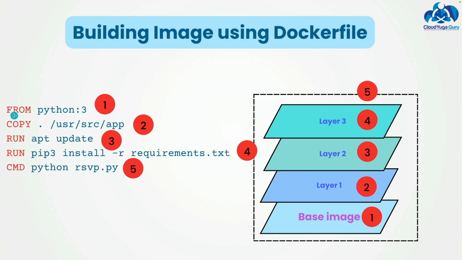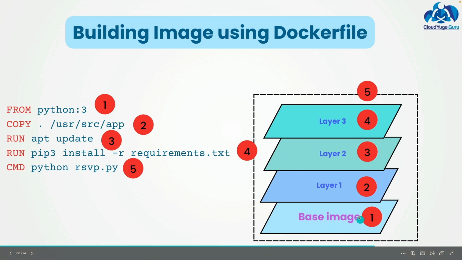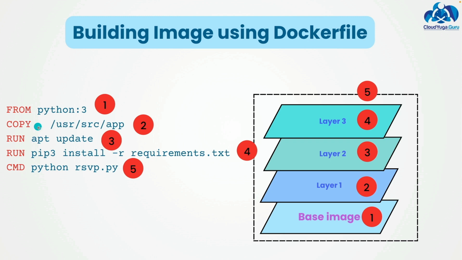So from is the instruction which tells you what base image you want to have. Then in the second instruction, we are saying copy dot means current folder. So we are saying whatever is in your current folder, copy it inside the image under /usr/src/f folder, or whatever folder you may have. So we copy our content into the resulting folder in the second step, which creates our layer.